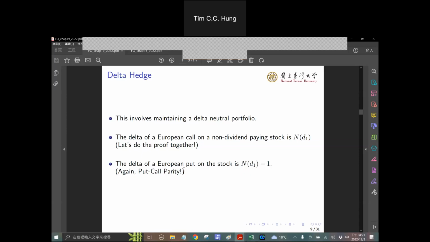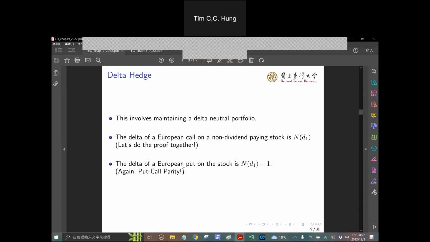F multiplied by, let's take out the 1 over square root 2 pi, F multiplied by exponential to the power of negative d1 squared over 2, minus K multiplied by exponential to the power of negative d2 squared over 2, where d2 equals d1 minus sigma square root t.